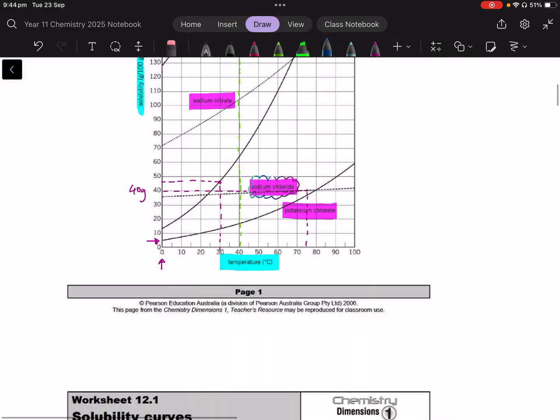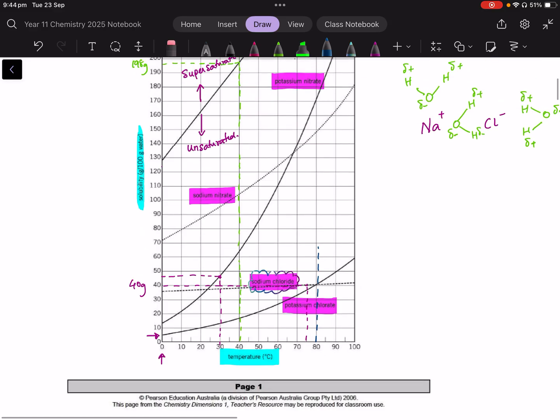Here we are. So at 80 degrees, potassium nitrate solution is giving me 170 grams.